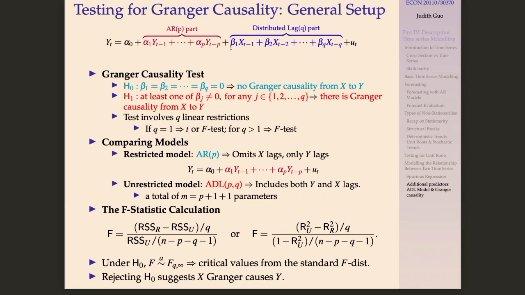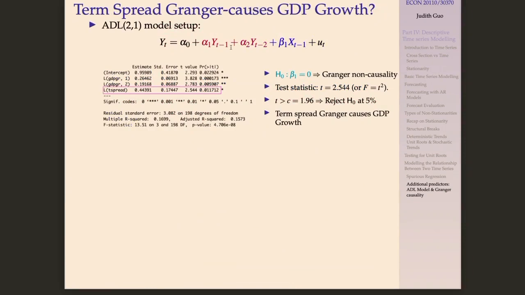Okay, so the very final slide. How can we test whether the term spread Granger causes GDP growth? In the ADL(2,1) model, that's about testing whether beta 1 is 0. We can see from the output that the T statistic is 2.5.